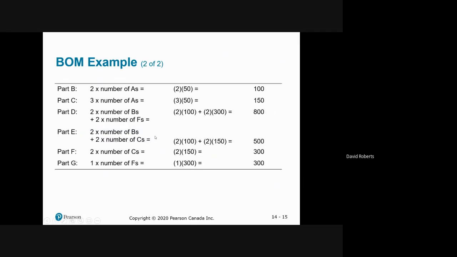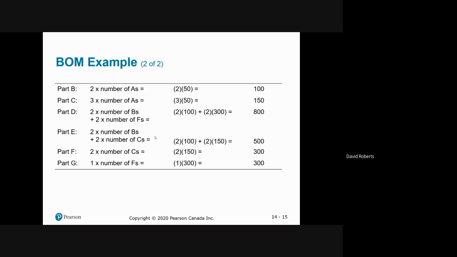So here's what I was talking about. We want to make 50, so you want 50 A's. So 50 times 2 is 100. You can see the math. And then the C on the right, it takes 3 C's to make 1 A, so it takes 150 C's. You just multiply all the way down. When they're in multiple branches, you just have to add them together.